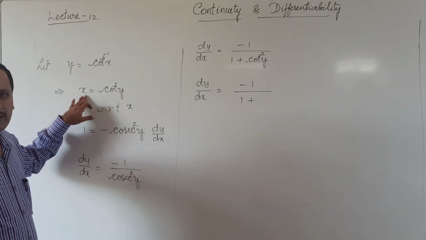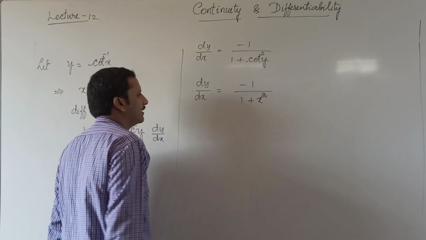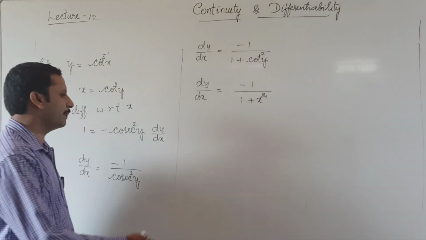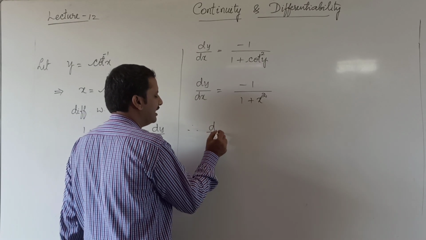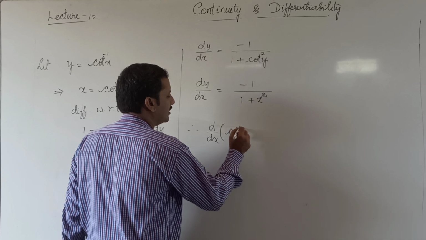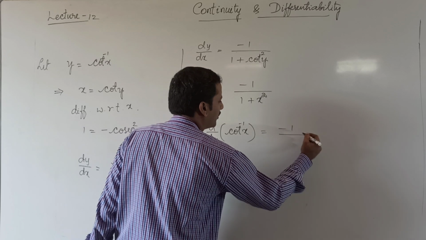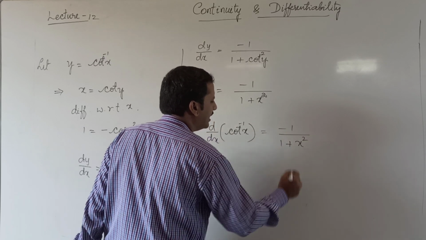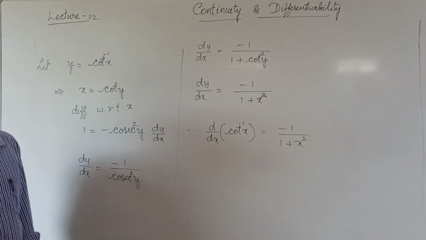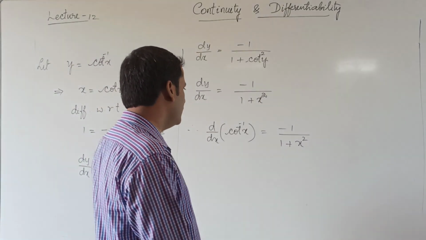Cot y is equal to x, so cot square y is equal to x square. Dy by dx is equal to minus 1 by 1 plus x square. So the derivative of cot inverse x is equal to minus 1 by 1 plus x square.